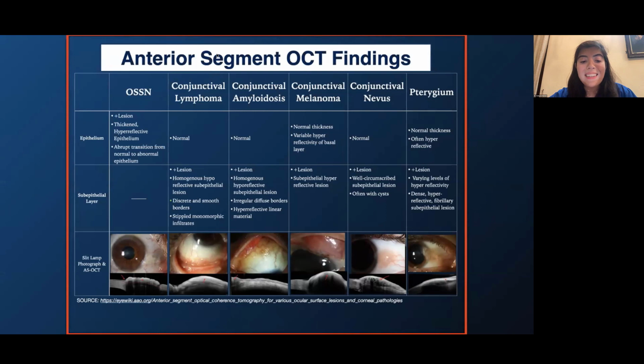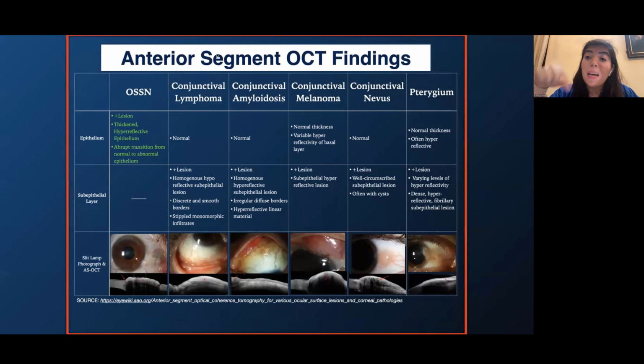Here are your classic anterior segment OCT patterns for various corneal pathologies, benign and malignant. So let's go through it step by step. The first step, when you see something that looks abnormal on your anterior segment OCT, is to identify whether it is located in the epithelial layer or the subepithelial layer.